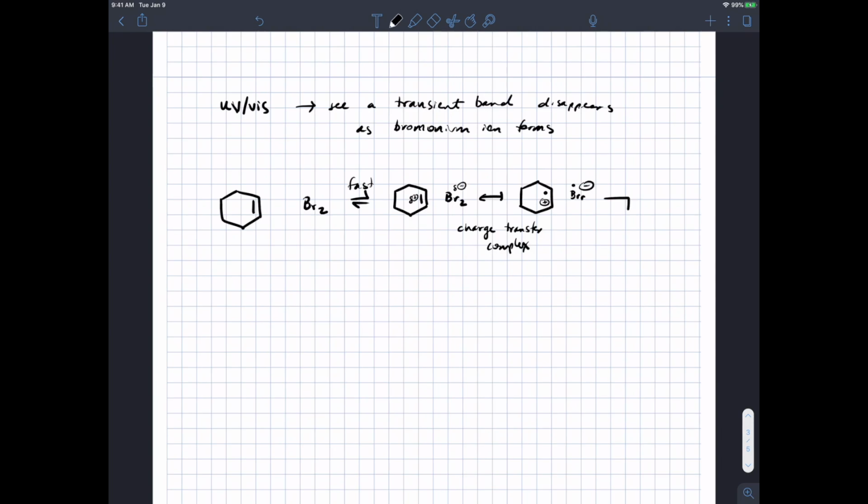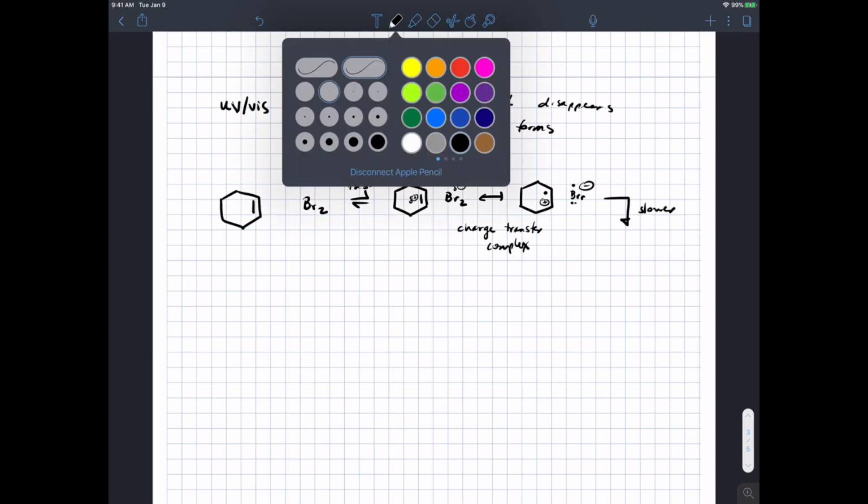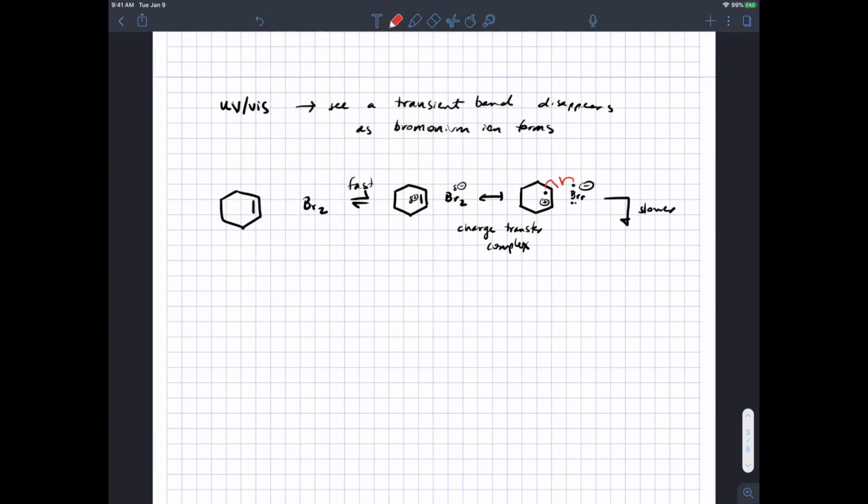And then slower, sort of, I guess, recombination of the radicals to give you the bridged bromonium ion intermediate. Now, I don't actually know.